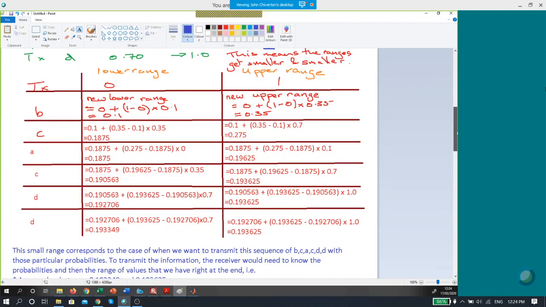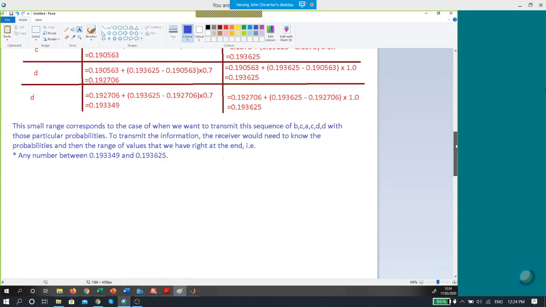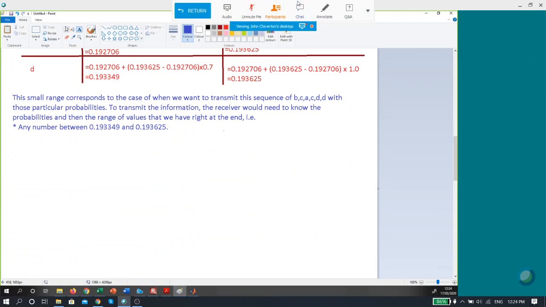Probably need to make a new table. So let's summarize what we need to say here.